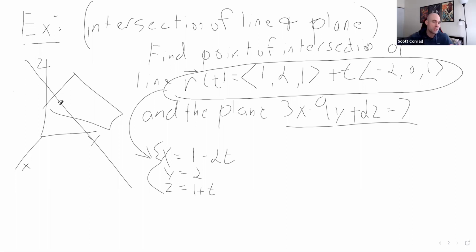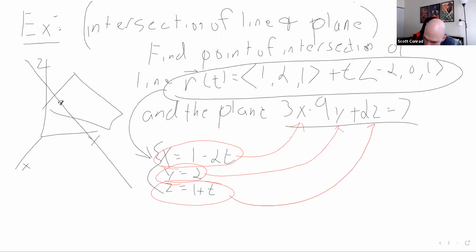So we want to find a point which lies on the line and the plane, some point x, y, z. And so we substitute this expression in for x, this expression in for y, and this expression in for z, right? Because it has to satisfy both equations at the same time.